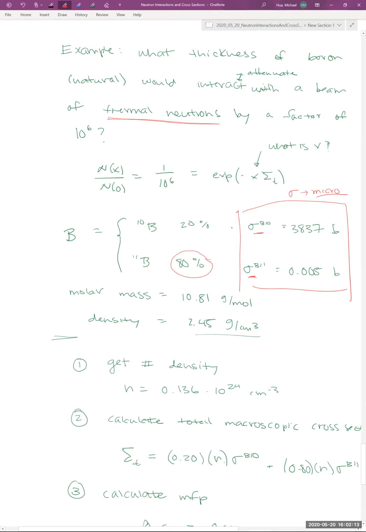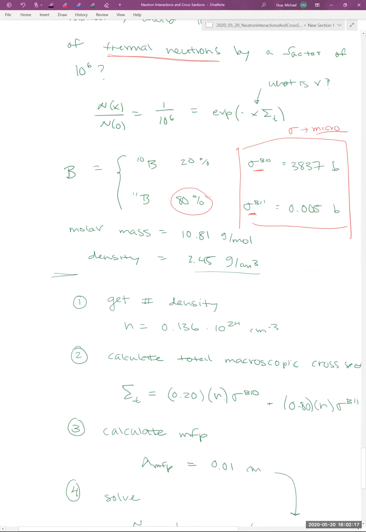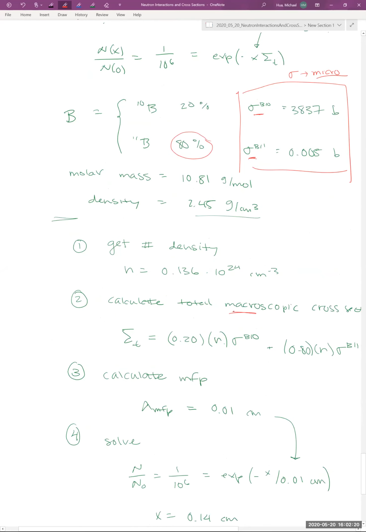is in the macroscopic cross-section. So the macroscopic cross-section accounts for abundancy. And I apologize for rushing through this. Density tells us the number of particles per centimeter cubed. So inside my jar, how many particles are there?